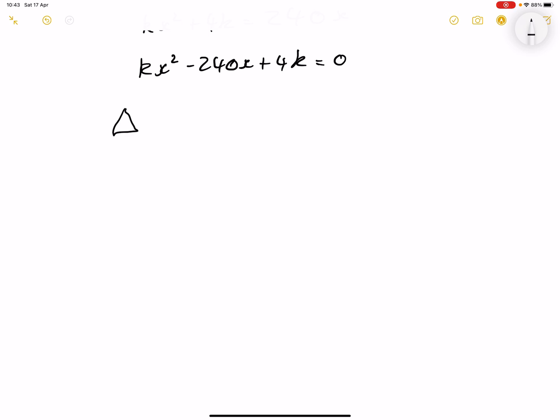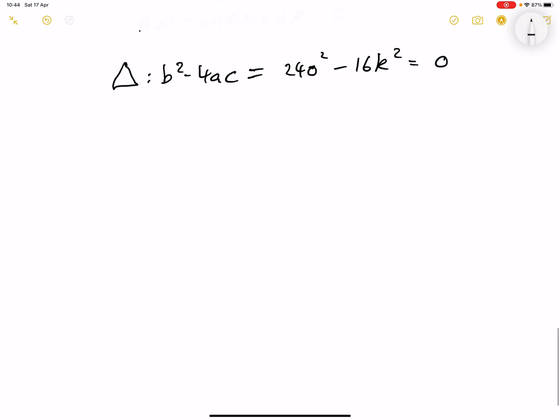So the discriminant, which is just b squared minus 4ac, is equal to b squared, so 240 squared. I don't need to worry about the negative because any negative squared is a positive number. Minus 4 times 4 is 16. So 16k squared, and that is equal to 0.